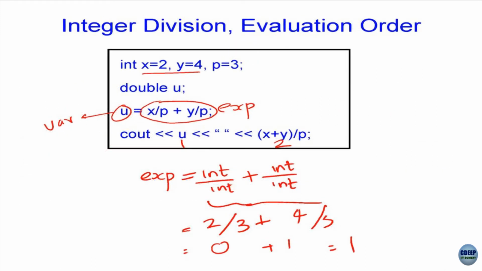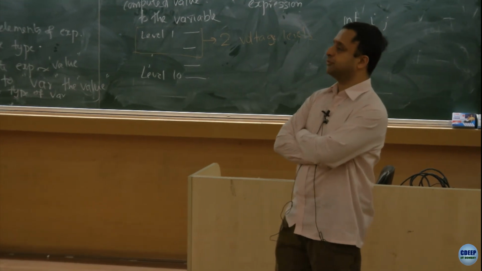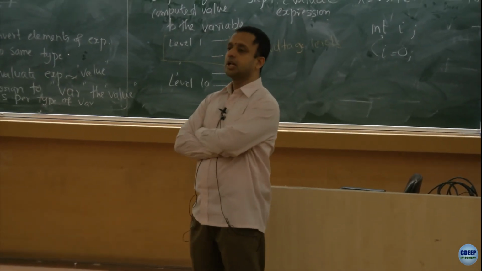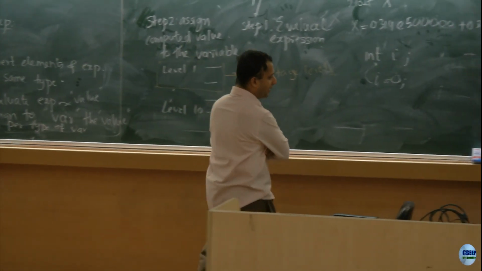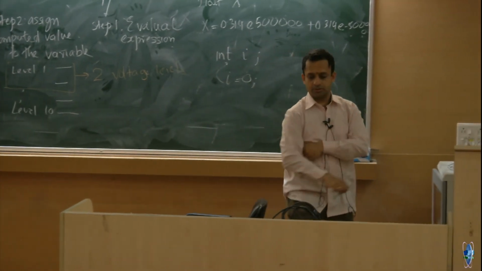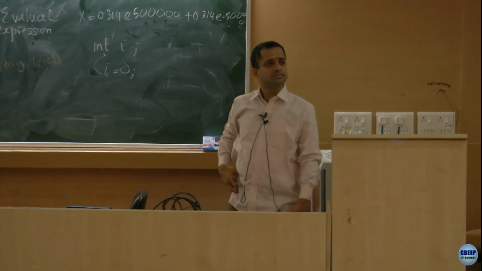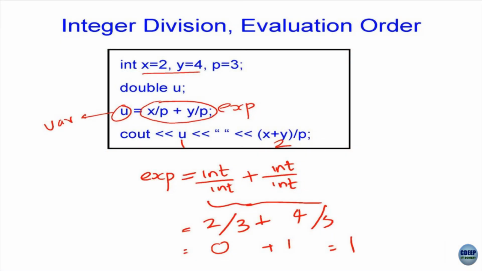So now with this equipment, let's try and decipher what this program will do. Go through these steps. What will this program do? int x equals 2, y equals 4, p equals 3, double u. What will be your step number 1? I want everyone to work this out. This is my expression.